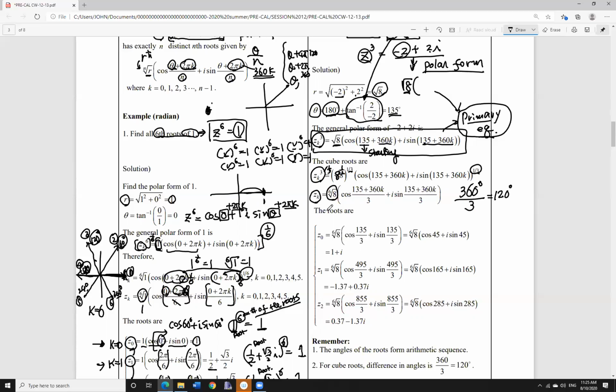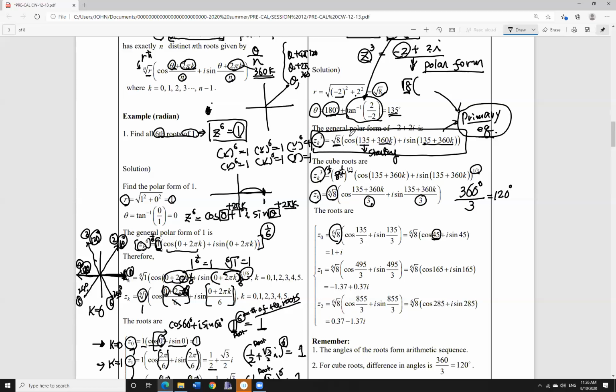But the first one is what? 8 to the 1/6 times our starting number. What is our first starting number? When you divide by 3, 135 over 3, k equals 0 gives 45 degrees. That is our starting angle.